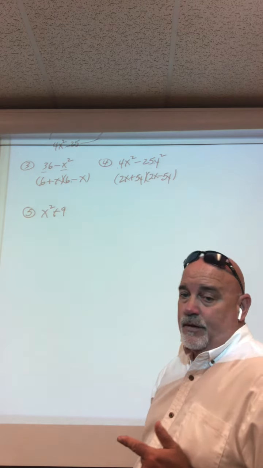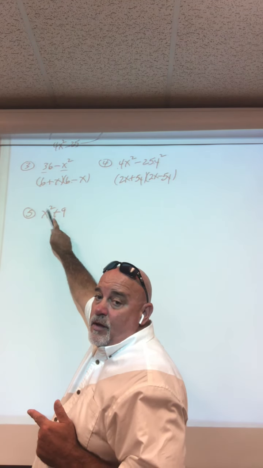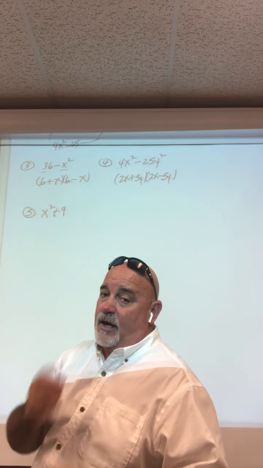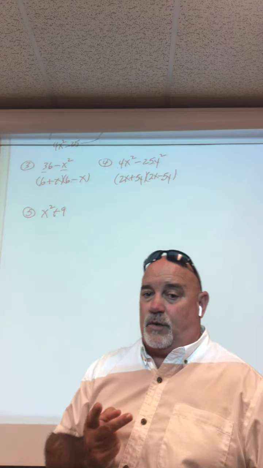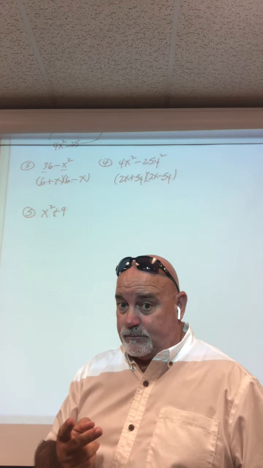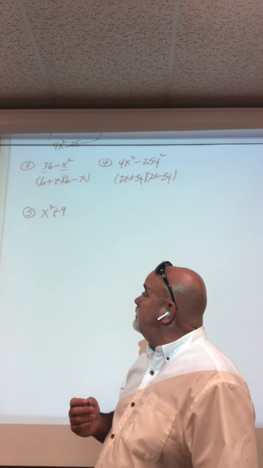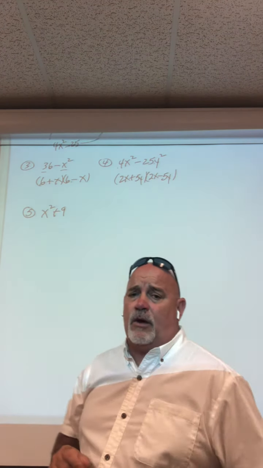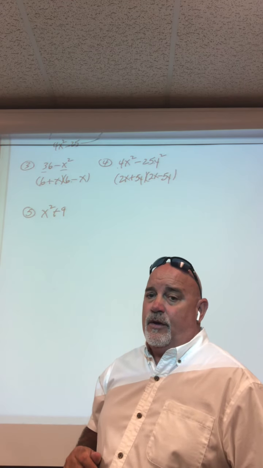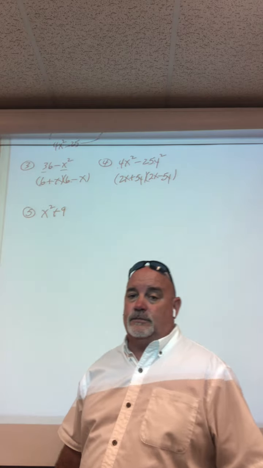No. And the reason it's not is because this is a plus. So what did I say just a second ago? If it doesn't have a GCF and it's not the difference of two perfect squares, what do we call it? Prime or non-factorable. Well, this problem is prime then. There are no two things you can multiply together to give you this. So go ahead and write now prime or non-factorable.